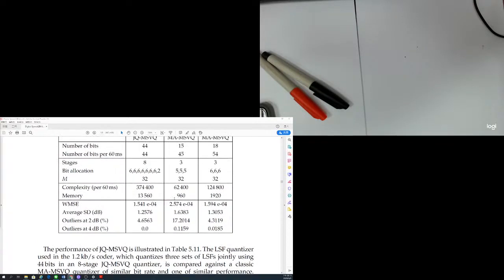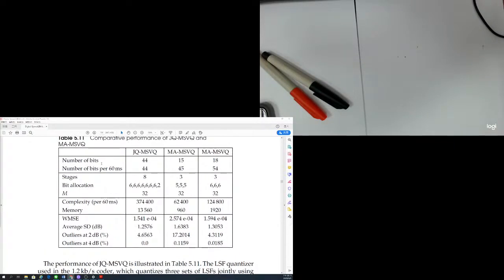They are using a low bitrate coder, trying to make good use of the line spectrum pair.